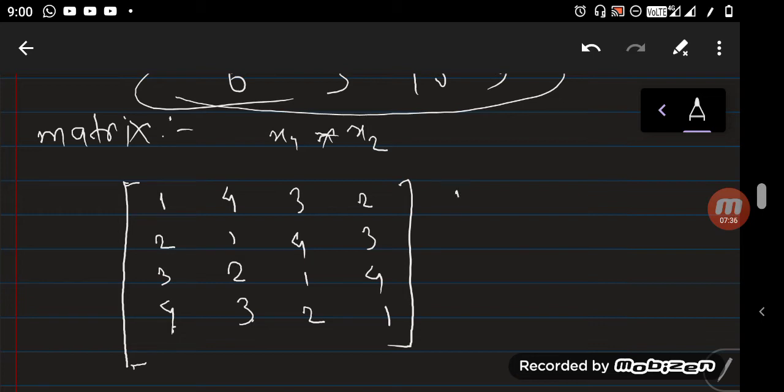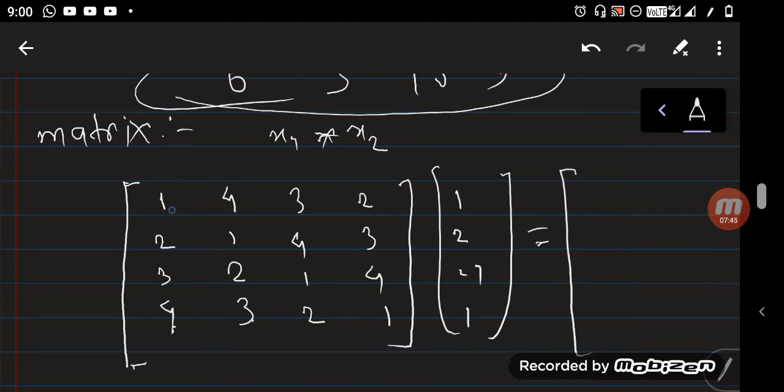So x2 is 1 2 minus 1 1. Now you have to do matrix multiplication. 1 plus 1 into 1 is 1, plus 4 2 is 8, 3 minus 1 is minus 3, and 2 1 is 2.